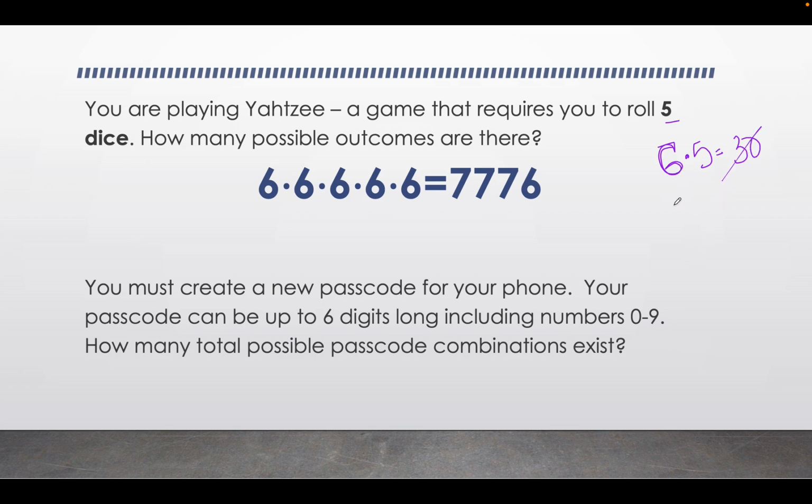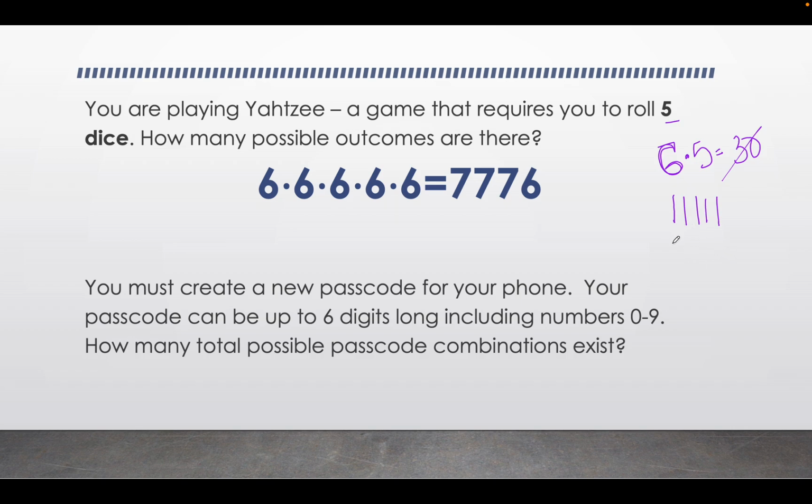But remember, die number 1 itself already has 6 possible outcomes. So I could land on a 1 on die number 1, and then on die 2, I could land on a 1 again, and on die 3, I could land on a 1, die 4, I could land on a 1, die 5, I could land on a 1.